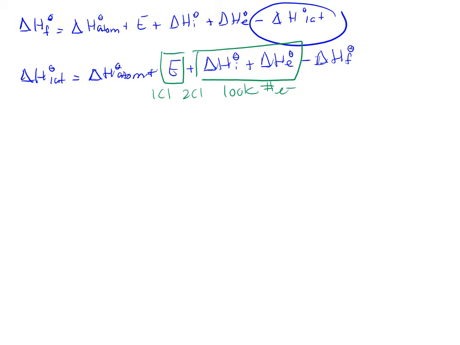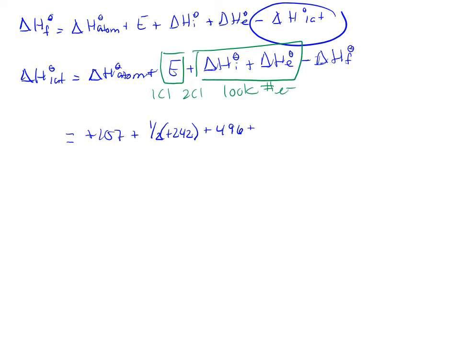All right, so going through, if you look at your chart, we have all these values. So the delta H of atomization is positive 107. We only need 1 chlorine in this instance, so we need half of the positive 242 because we're breaking, not forming. We have only 1 electron being taken from sodium, so we have 496.